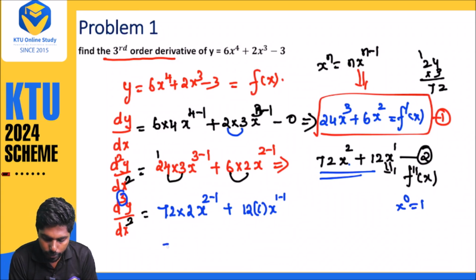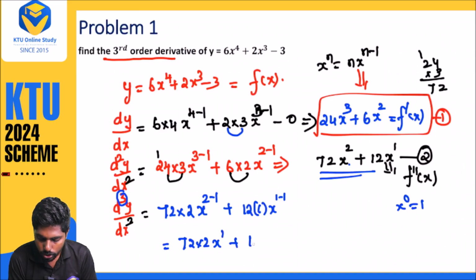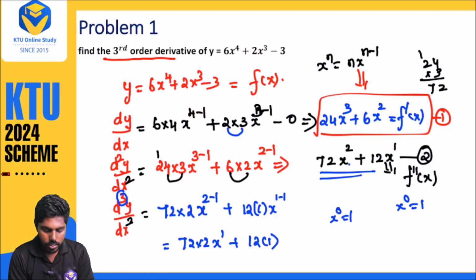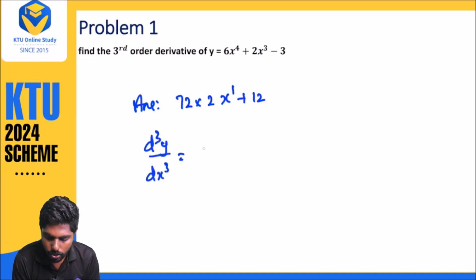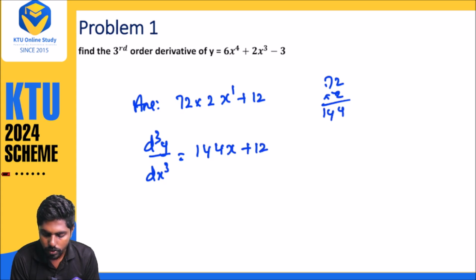So this is 72 into 2 x power 1 plus 12. So our answer is d cube y by dx cube equals 144 x plus 12, since 72 into 2 is 144. This is our required answer.